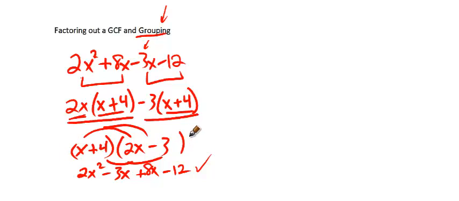Now, one of the things that you're going to see, a lot of people will want to write this with the x plus 4 on the right and the leftover stuff on the left. So let's see, the 2x minus 3 out front. They see a 2x and they see a minus 3 out front, and they'll put this x plus 4 that's on the right side out to the right. Which one's right? Both are correct. I like the first version because it sticks with the whole taking the GCF out front.